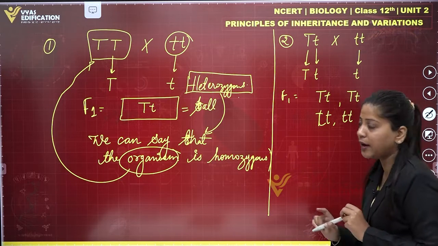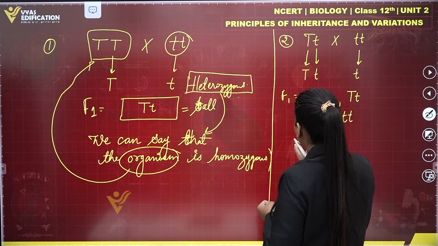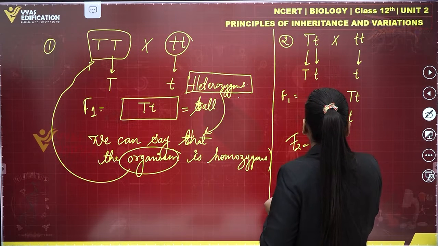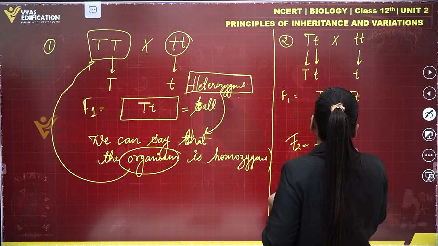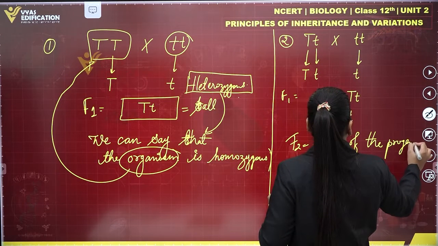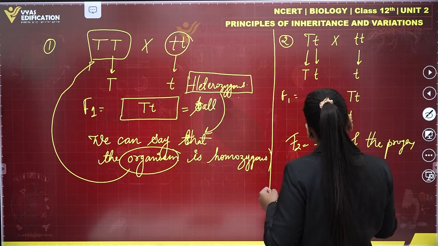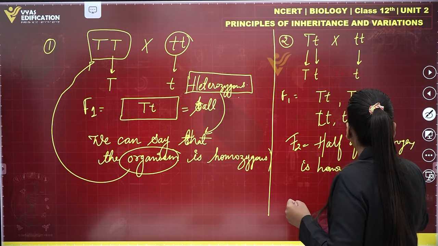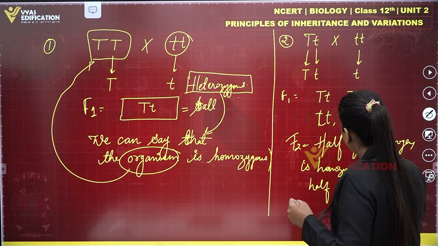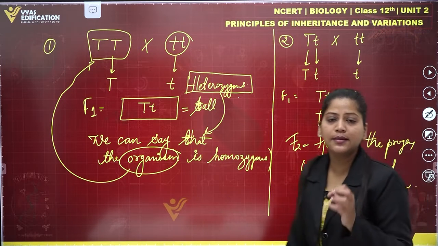So the conclusion from the F1 generation in the second case is that half of the progeny is homozygous and half is heterozygous.